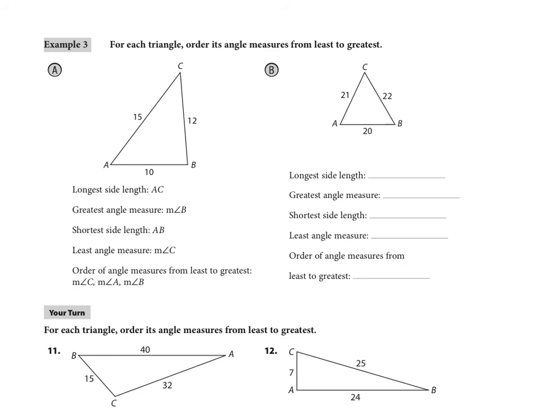For part B, the longest side length is BC, or 22. Therefore, the greatest angle measure across from it is the measure of angle A. The shortest side length is AB, and the least angle measure is the one across from that, which is the measure of angle C. And therefore, if I put the angle measures in order from least to greatest, the least would be measure of angle C, and then the measure of angle B, and then the measure of angle A is the greatest.